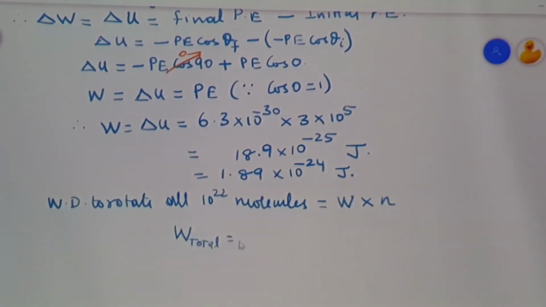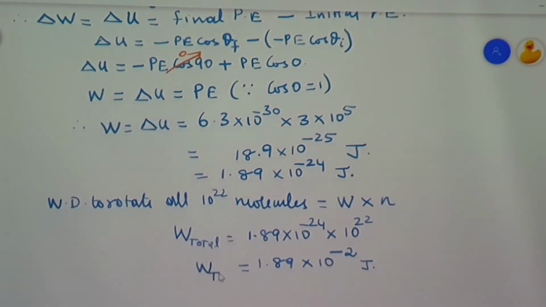When you are considering the total molecules, work done for single molecule is 1.89 into 10 to the power of minus 24 multiplied with the 10 power 22. So the answer that you can get is 1.89 into 10 to the power of minus 2 joule, which is the total work done. A simple problem.